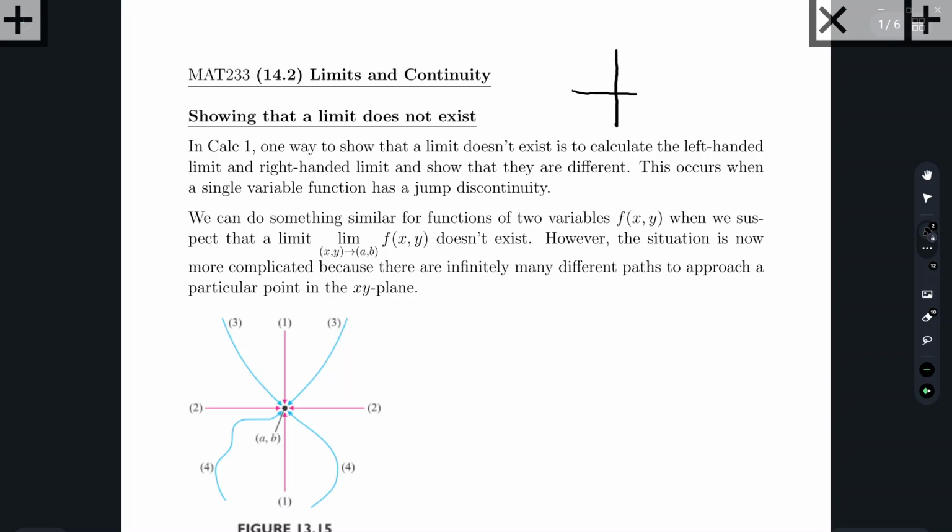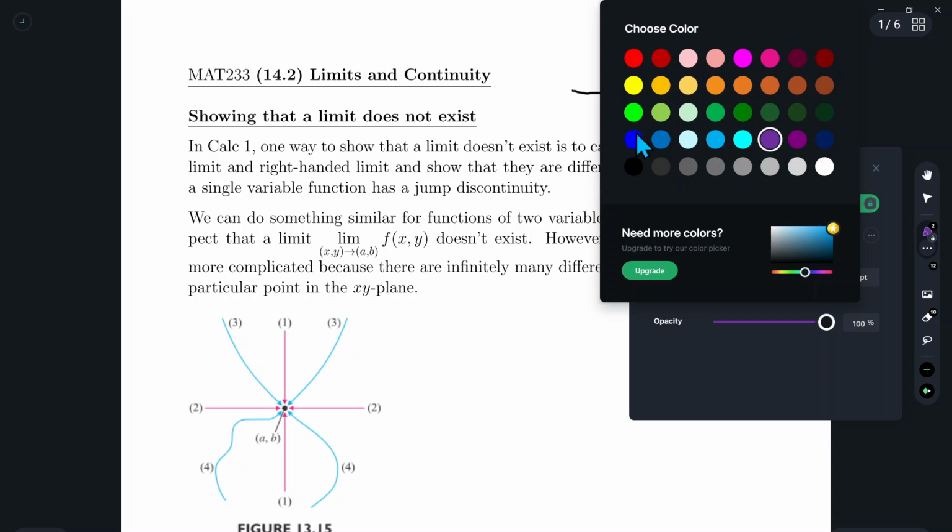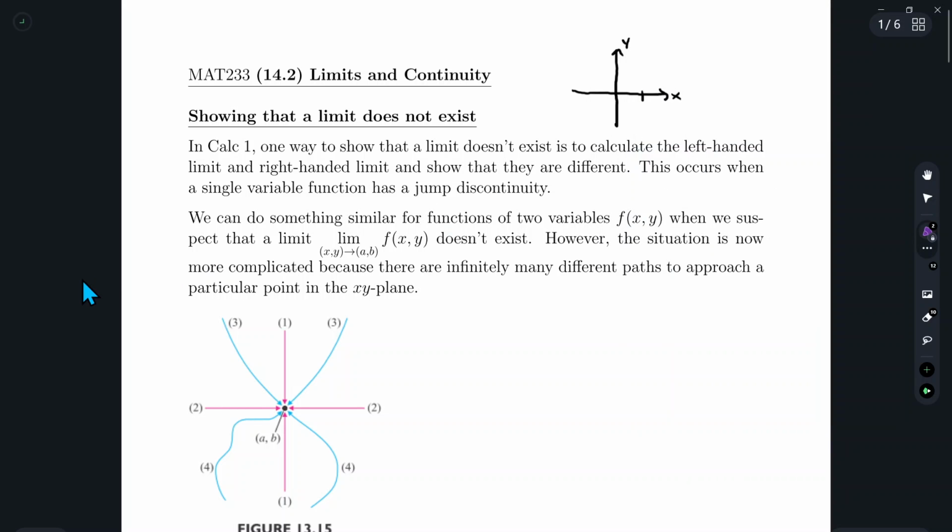Imagine you have the xy plane, and at some x value, we're trying to look at the limit, and say your function has some kind of jump discontinuity here, something like this.